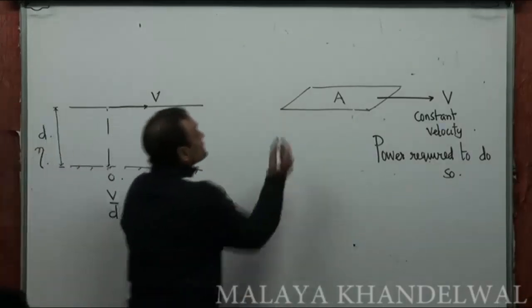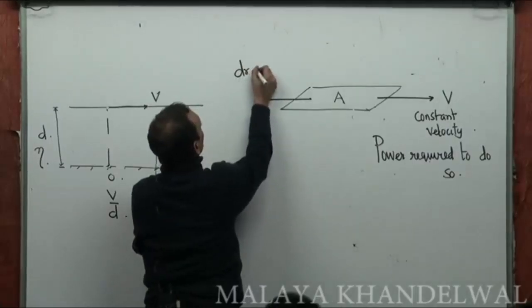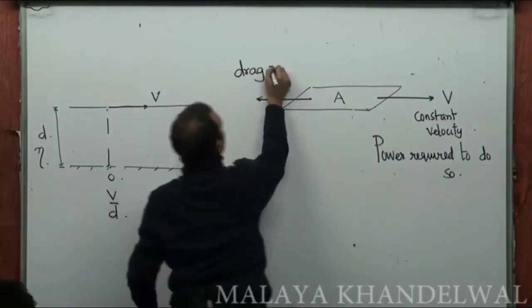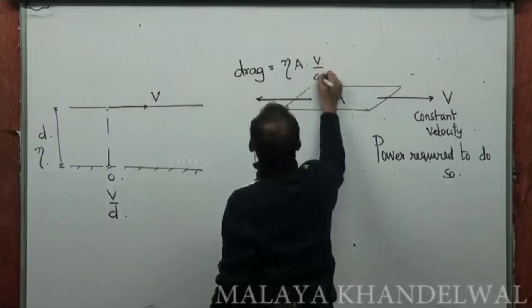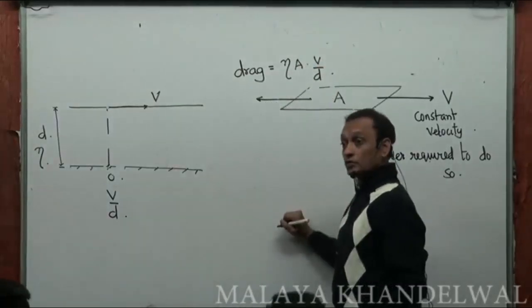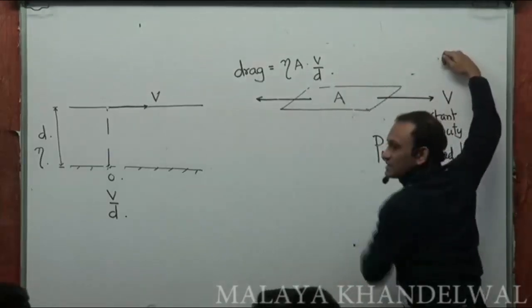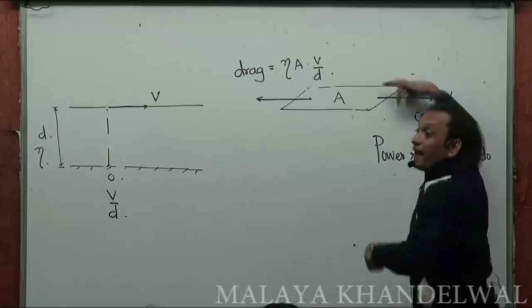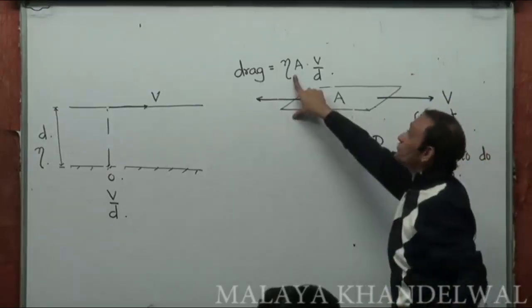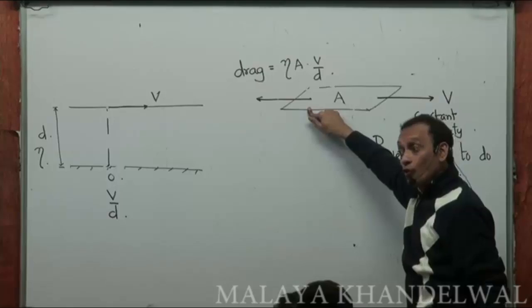So the viscous drag that it experiences is eta times A into v by d. That's a viscous drag to the left. If I'd given it an impulse so that it acquires a velocity v and I let it go, then because of the drag, this plate will retard and its velocity will become 0.